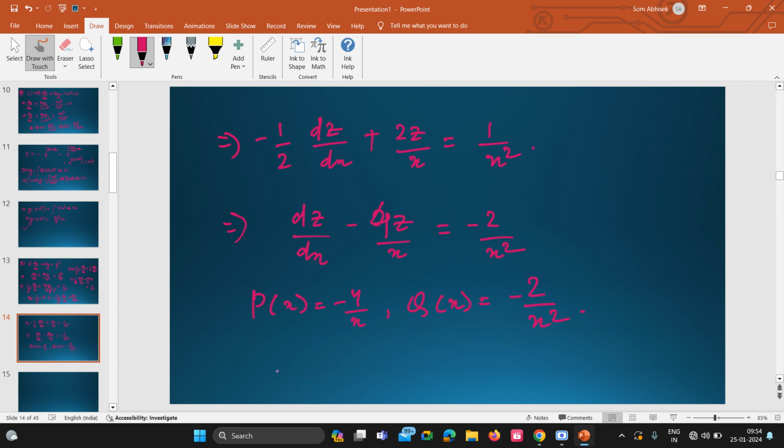Okay. So the integrating factor is e to the power integral of Px dx.